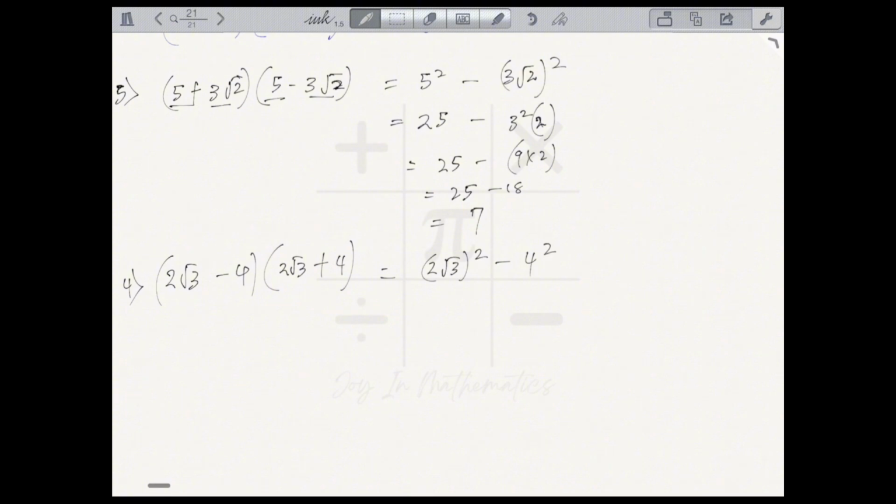That's minus 4 squared. So the square of these, applying the law of indices, will be 2 squared multiplied by 3, minus 16. So this will be 4 times 3 minus 16, which is 12 minus 16, which is equal to minus 4.